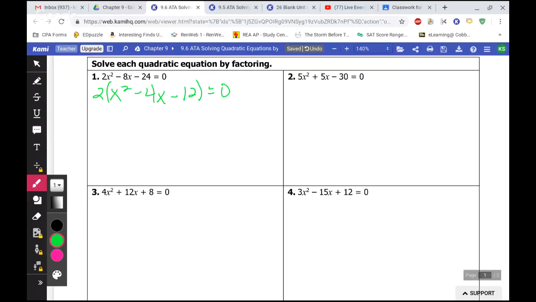And now we factor. We're looking for 2 factors that multiply together to give us negative 12, that when we combine them, do y'all like it when I make the X? Is that necessary? Is that important? I need some feedback. It helps me. In the last unit, I never used the X, but I don't know if I need it in this part.